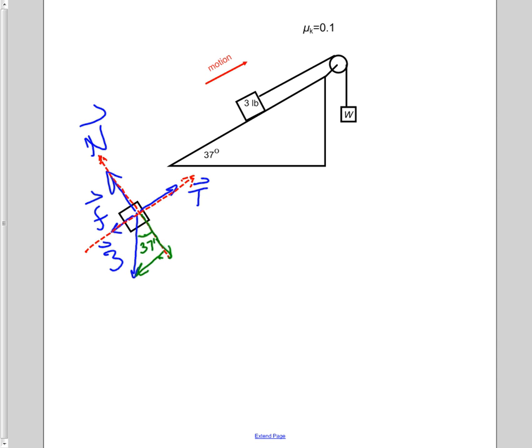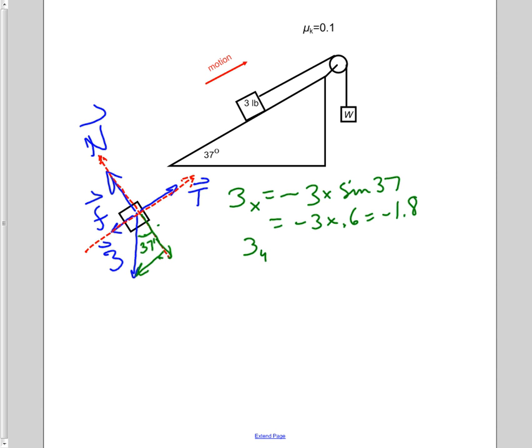And so this is, let's just say W sub x is equal to minus 3 times the sine of 37, which is minus 3 times 0.6, which is minus 1.8.